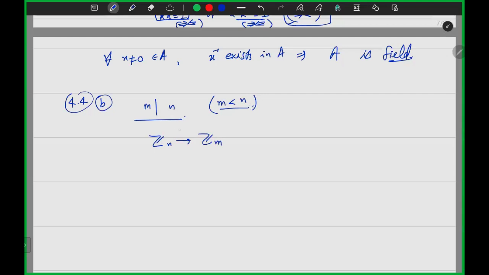What is the canonical map? a bar modulo n goes to a bar modulo m. Okay, this map is a well defined map because m divides n.